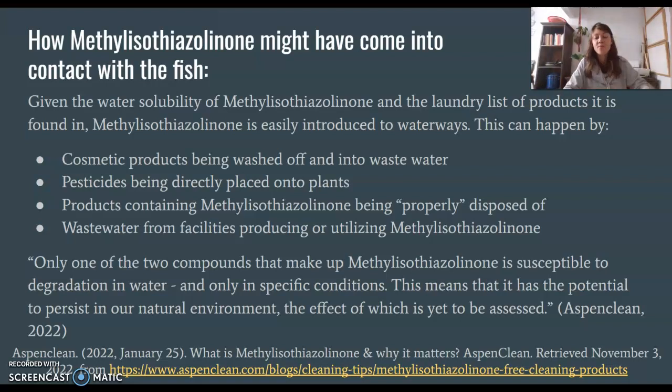The thing about MIT is that it's not super susceptible to degradation in water unless there's a couple of specific environmental conditions that are happening. So this means that the potential for it to persist in our natural environment is probably fairly likely, but the effect of this has not been assessed like we talked about earlier.